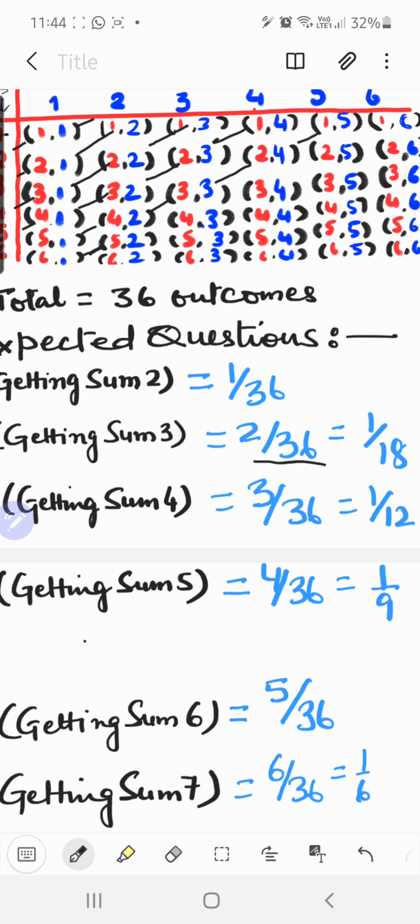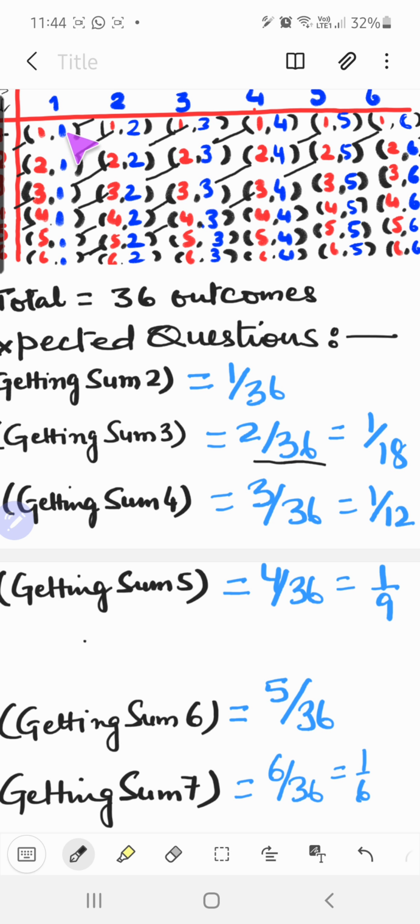There are a total of 6 cases: 6 and 1, 5 and 2, 4 and 3, 3 and 4, 2 and 5, 1 and 6. In all these cases, the sum is 7. Therefore, 6 favorable out of total 36 gives us that the probability is 1 by 6.